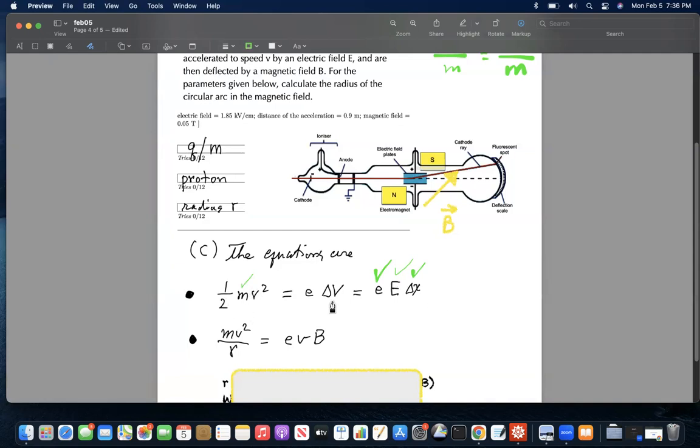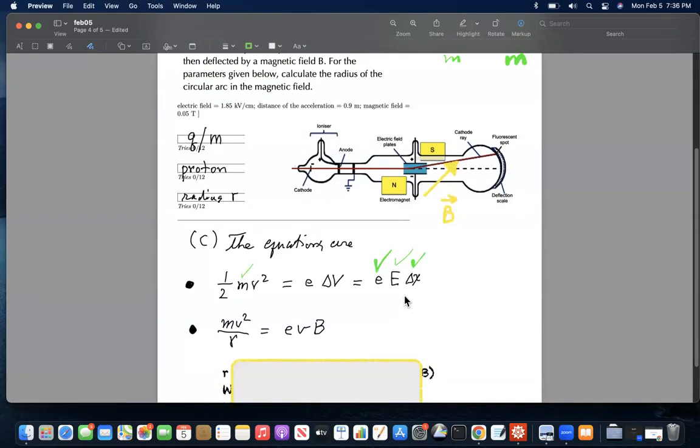So from this equation, we can calculate V. Then for the circular arc, where it's deflected, we have a charged particle on a circular arc. mv squared over r is EVB. So now we know E, V, B, and M, so now we can calculate R. So that's the answer to part C, this radius R.